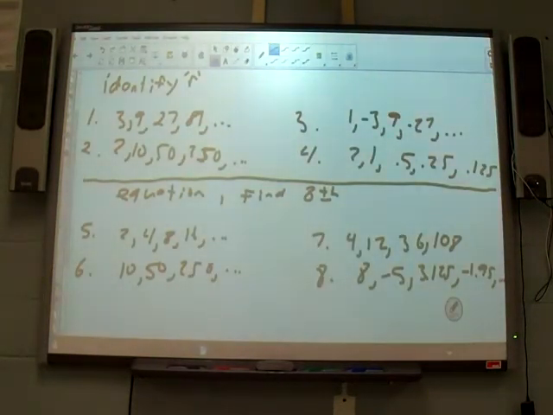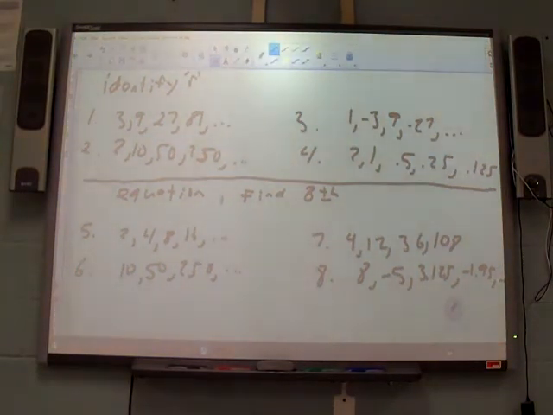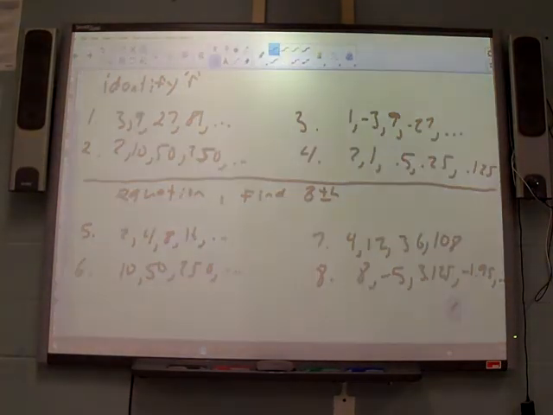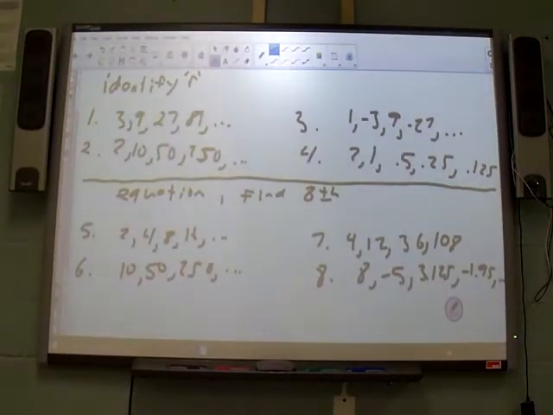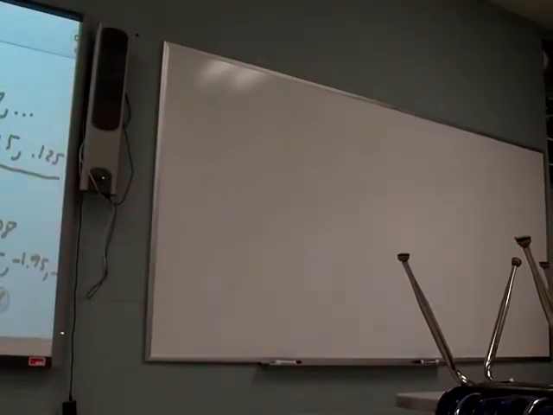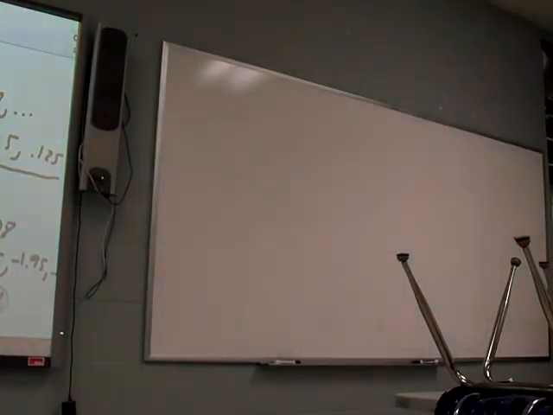I'll tell you what, we'll scoot this over to the dry erase board and do number 5 together. Let me make sure that you're still going to be able to see it on the camera when I move it over. Let's see, where are we at here? Okay, I'm going to scoot this over to the dry erase board, and we'll do number 5 together over there, and then I'll move it back for you after that.